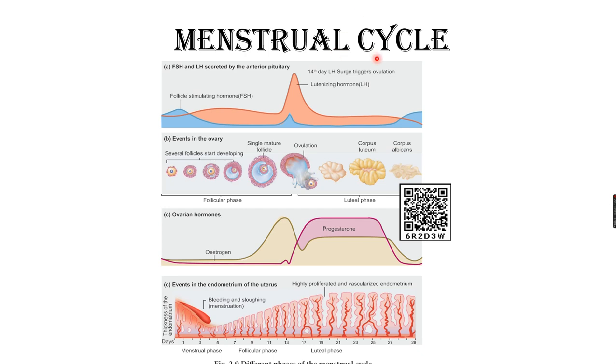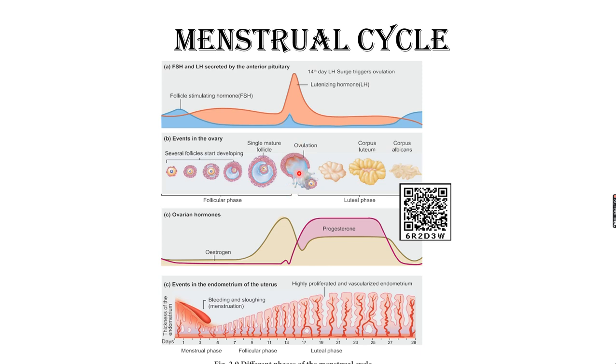Now the menstrual cycle, which occurs in the female. It occurs once in every 28 to 29 days during the reproductive life of the female, from puberty to menopause, except during pregnancy. It includes four important phases we are going to see now. The first one is the menstrual phase, then the follicular phase, then the ovulatory phase, at the 14th day the ovum is released.